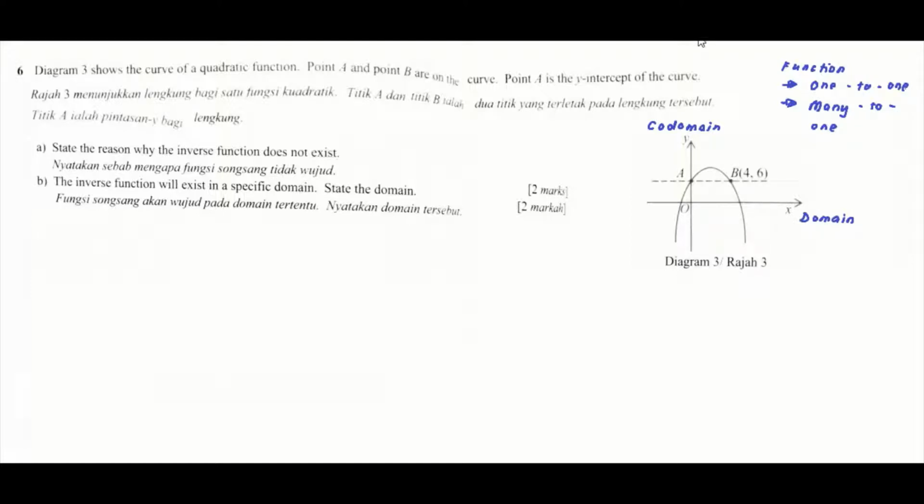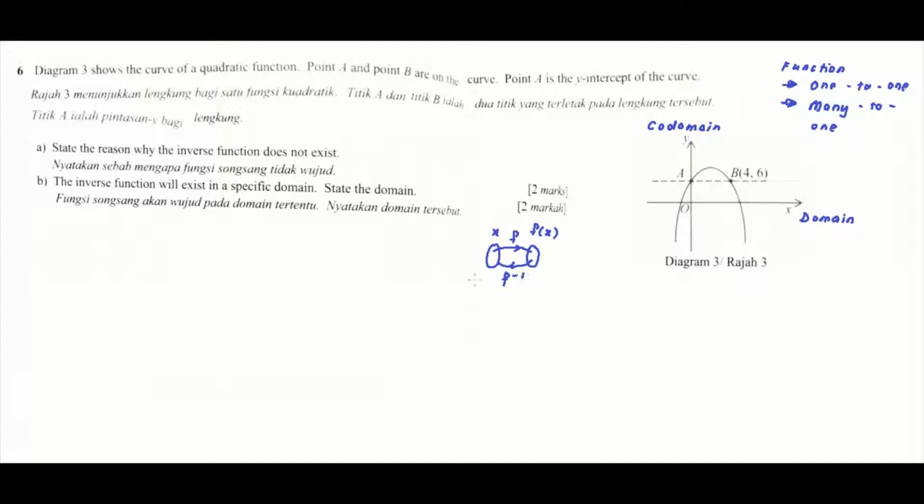Now we talk about the inverse function. The inverse function is the opposite, the reverse operation of the original function. So this is x and this is f of x. From here to here is f, then from here to here is f inverse.